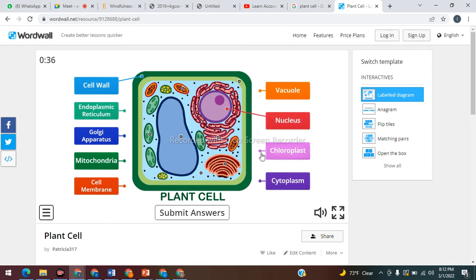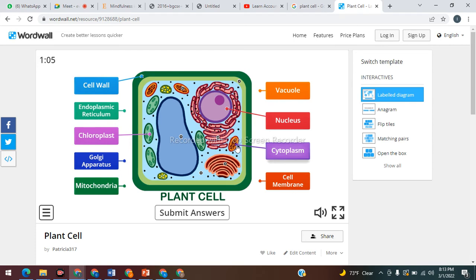Where should we have the chloroplast? That is the orange, green circle things. These? No, the green. These are the chloroplasts. Okay. Where's the cytoplasm? The orange. This? That's off. I don't think so.